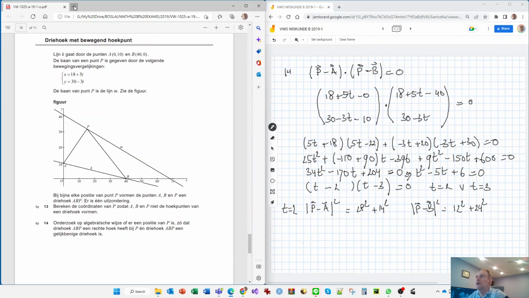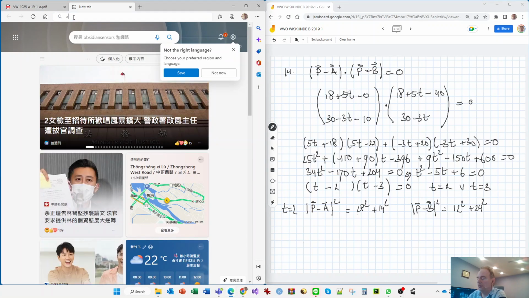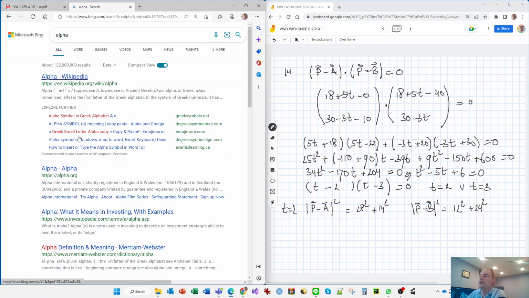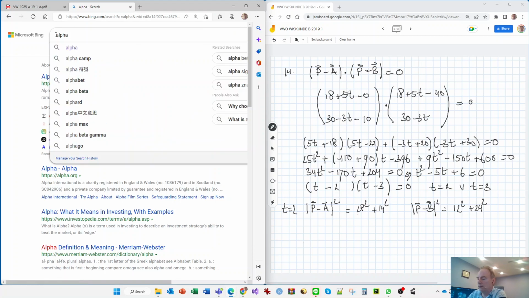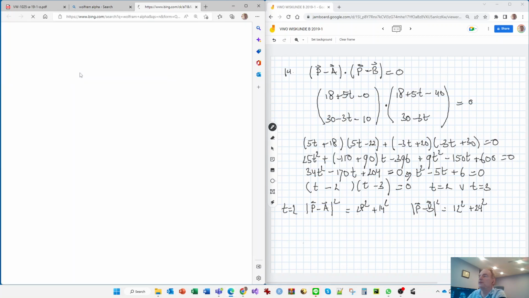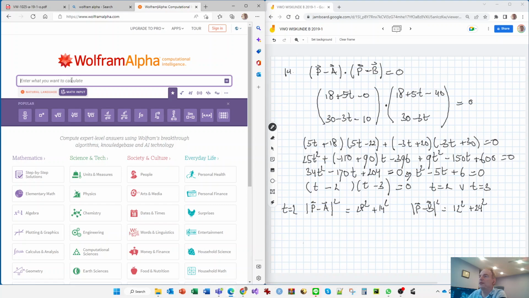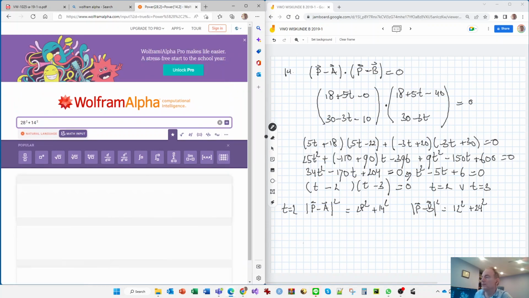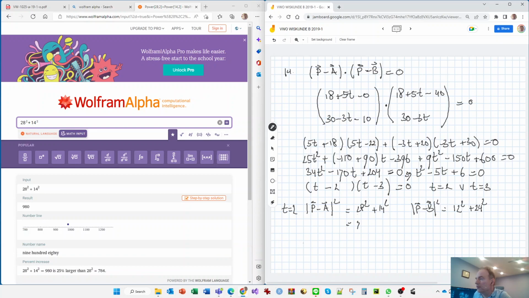Okay, just use your calculator. I check Wolfram Alpha. Last question, guys. 28 squared plus 24 squared is 784.